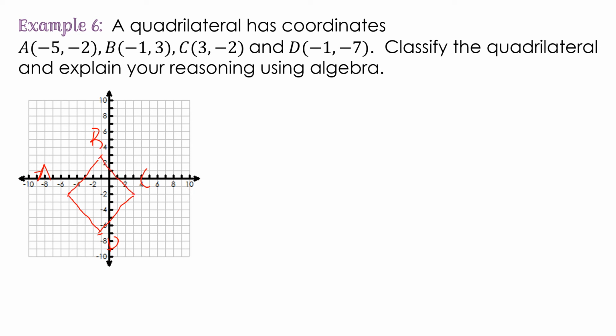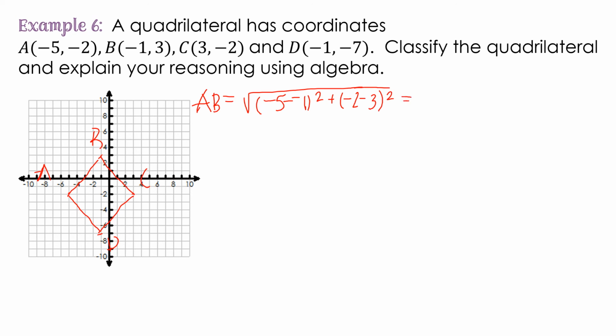Okay, so definitely looks like sides could be congruent. So I definitely want to use the distance formula. Maybe those are right angles, so we're going to do distance and slope just in case. So let's start with AB. So for AB, we have -5 minus -1 squared plus -2 minus 3 squared.